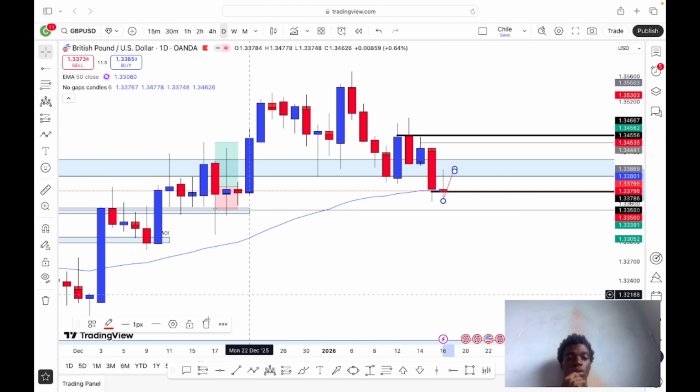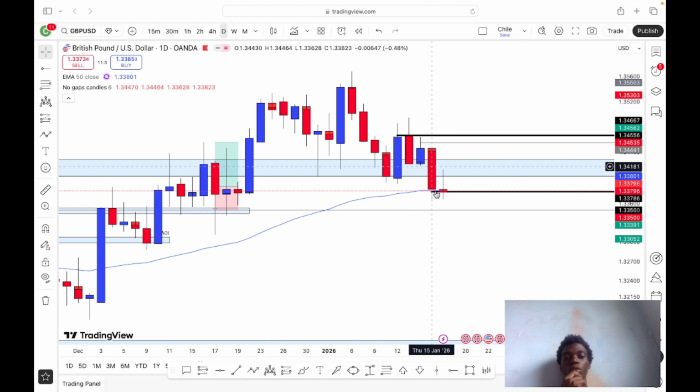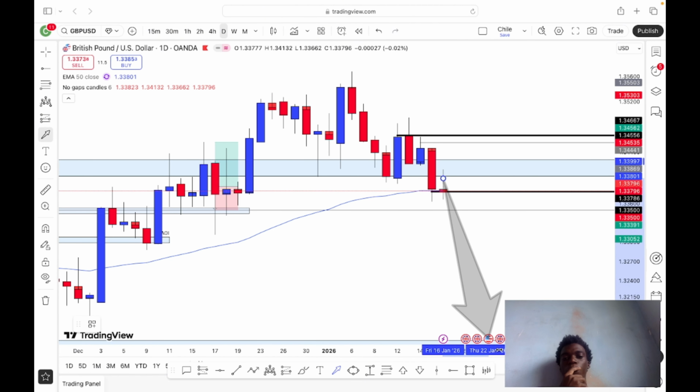Now what I can say about this shift of structure, to get a shift of structure, we have to identify a candlestick pattern. As you can see right here, it gave out a bearish engulfing candlestick, which is a sign that there is bearish momentum.